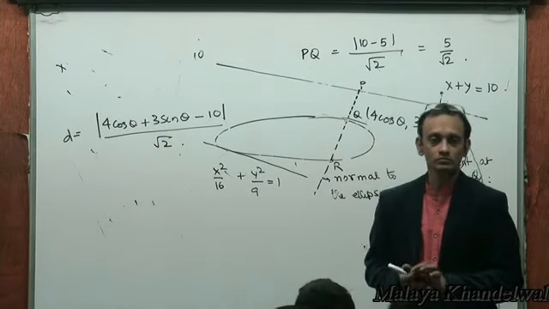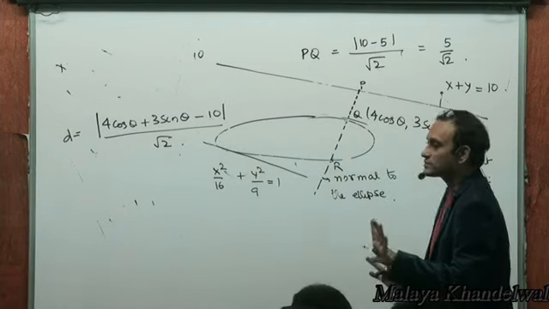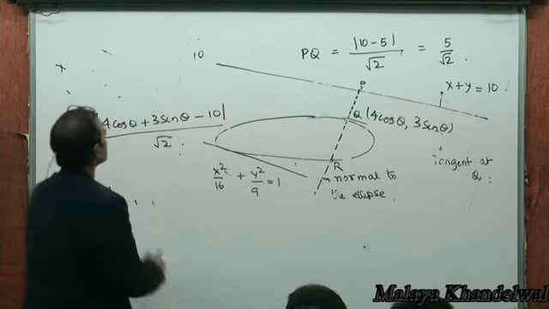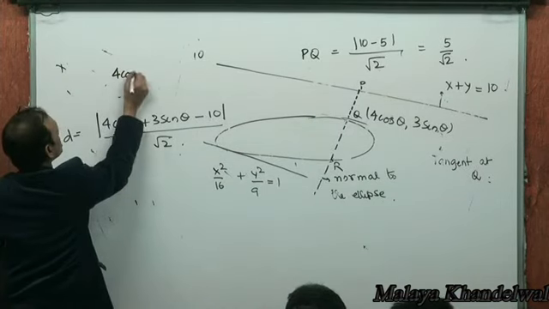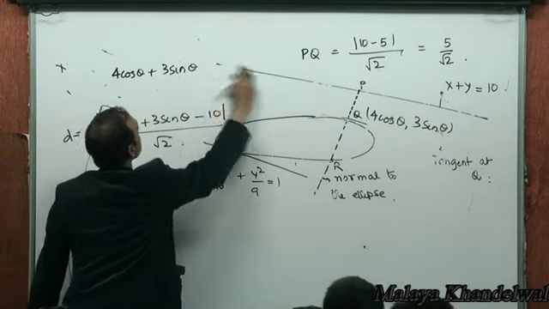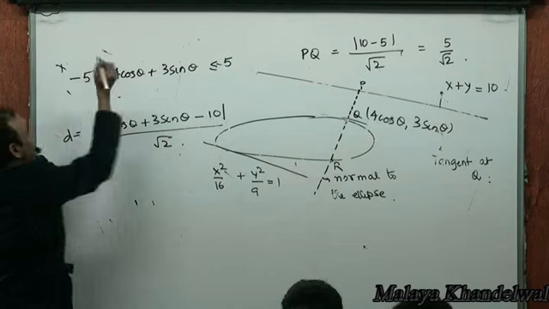Yes or no? Yes. No, I will not use calculus. I would use ordinary, very ordinary trigonometry, in the sense that 4 cos theta plus 3 sin theta is always less than or equal to 5 but greater than or equal to minus 5. Yes or no?